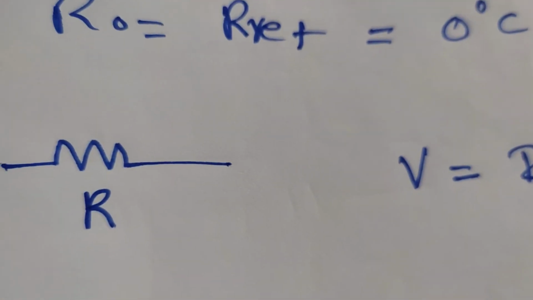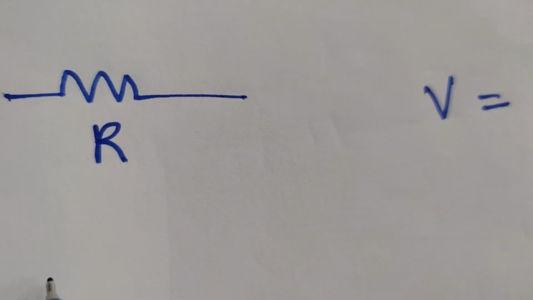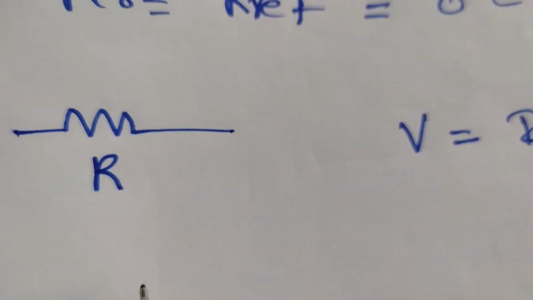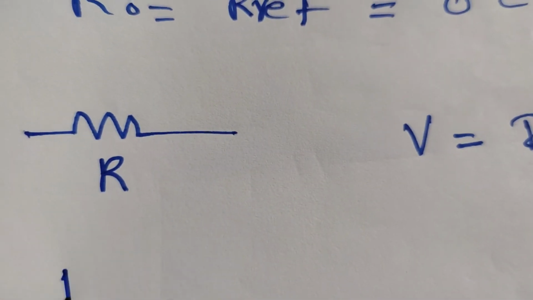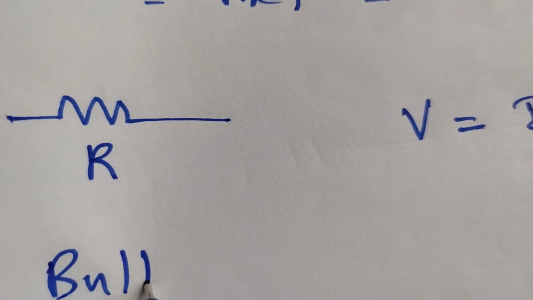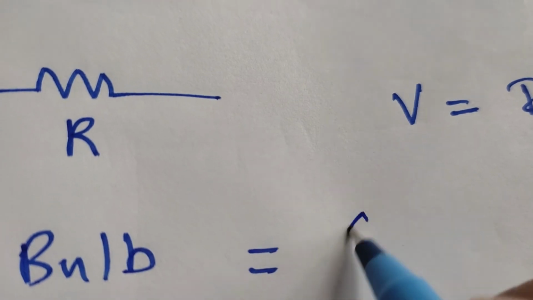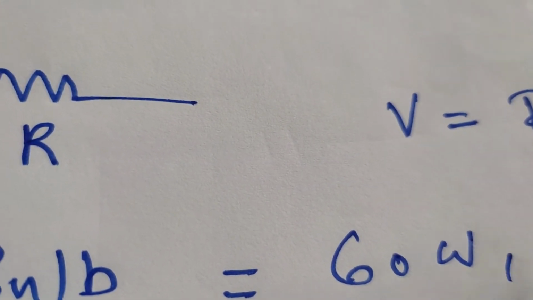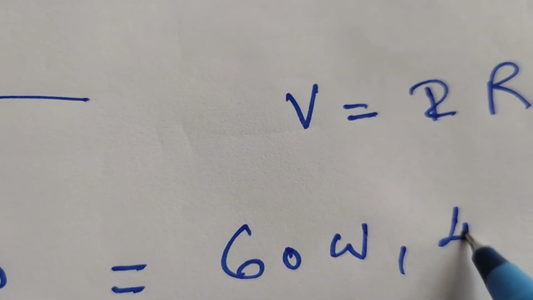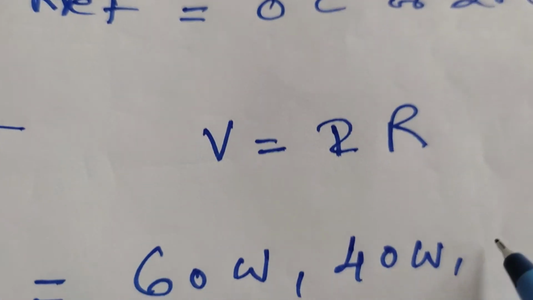Now we see a bulb. For a bulb we say 60 watt, 40 watt or 100 watt.